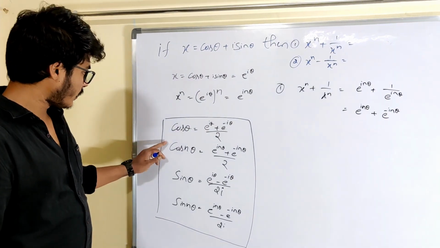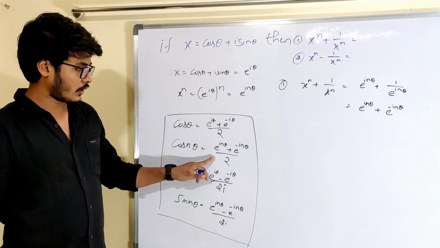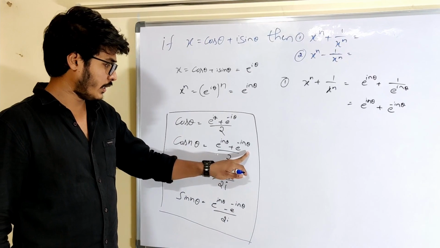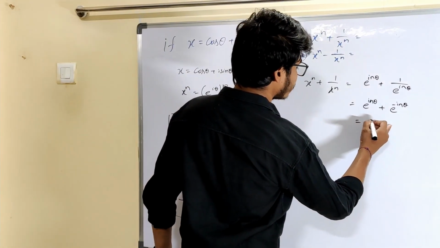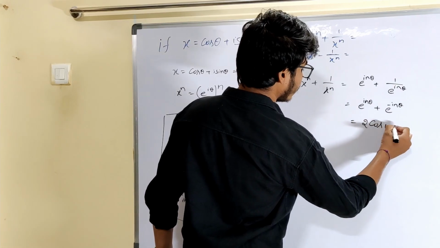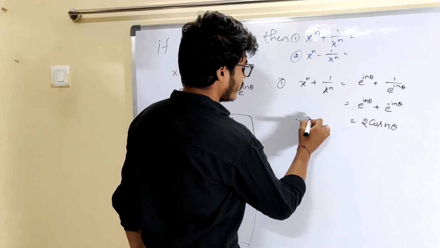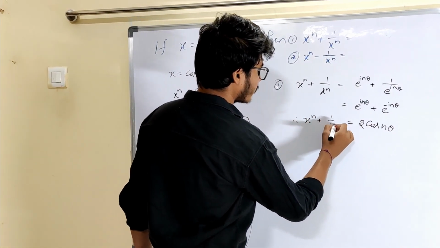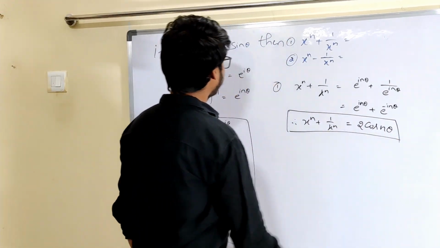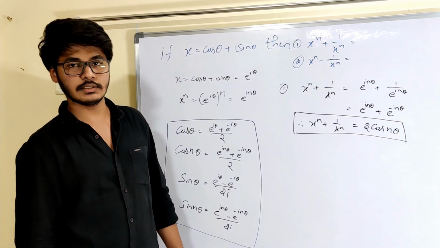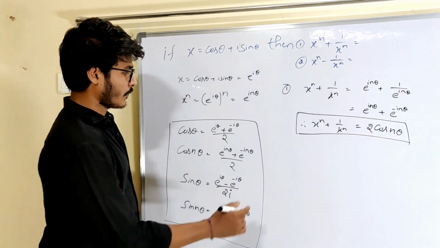As you can see here, e power i n theta plus e power minus i n theta can be written as 2 cos n theta. So the solution for this is 2 cos n theta. Therefore, x to the power of n plus 1 by x power n is equal to 2 cos n theta if x is cos theta plus i sin theta, nothing but e power i theta.